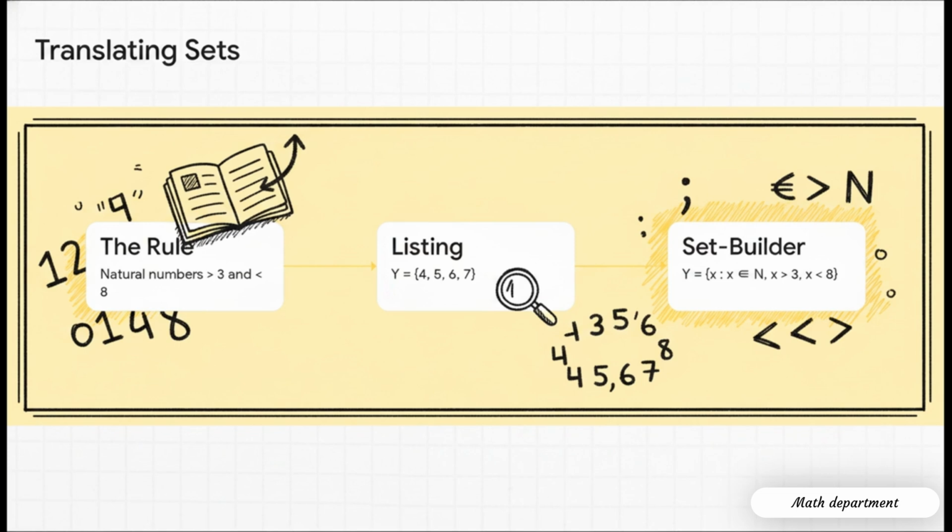We write Y equals, open brace, x colon. That simply translates to the set of all x such that. Then we write x, that little rounded e symbol, which is just math code for belongs to or is an element of, and N for natural numbers. Finally, we add our limits. x is greater than 3, comma, x is less than 8. I know it looks super complex, but really you're just reading an English sentence written in math code.